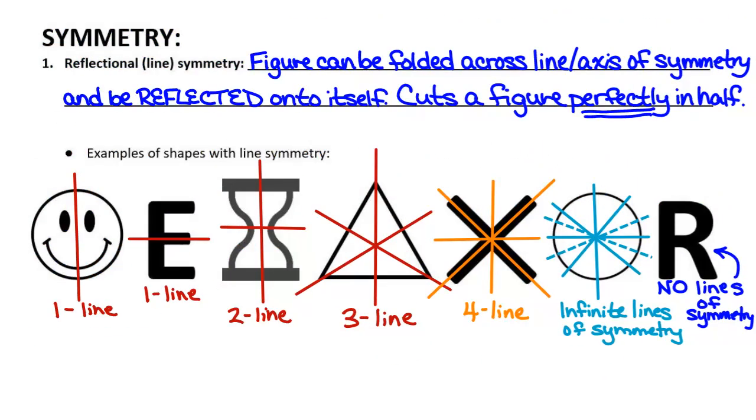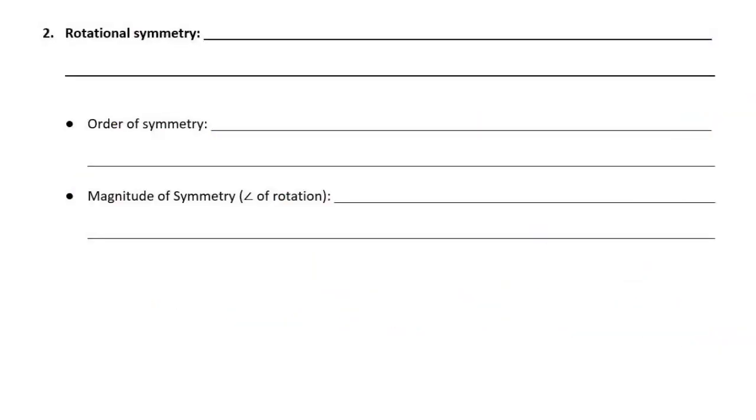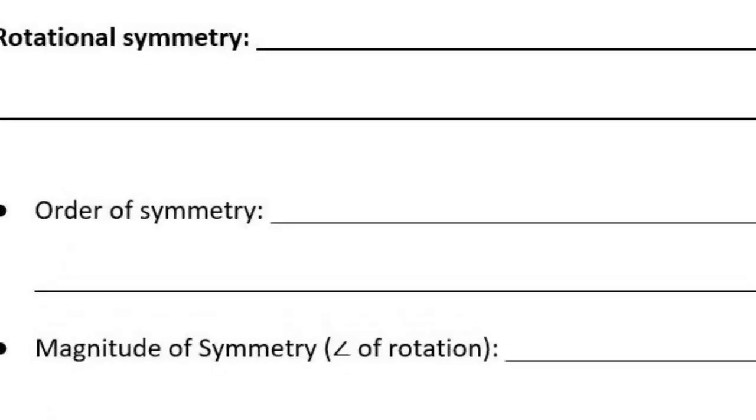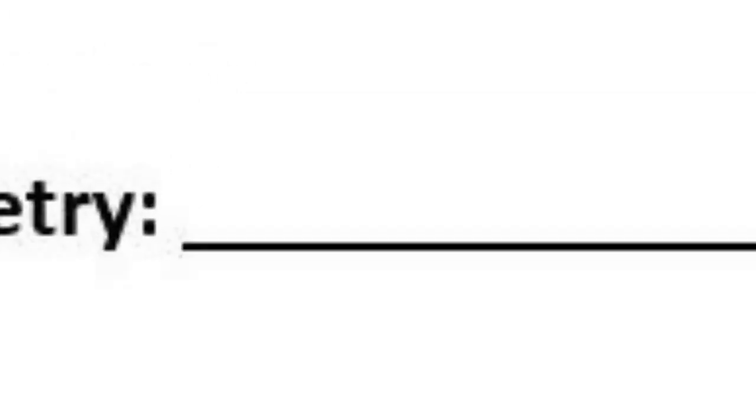Very well done. All right, so that is one type of symmetry, line symmetry or reflectional symmetry. You can think of it as folding on top of the other. We have another type of symmetry called rotational symmetry.